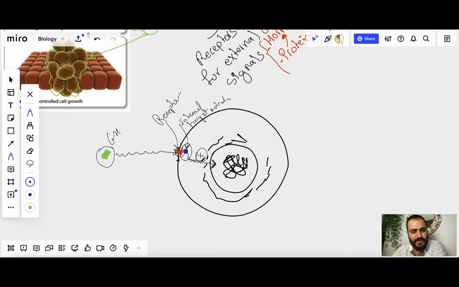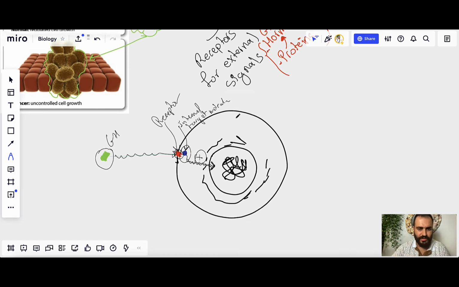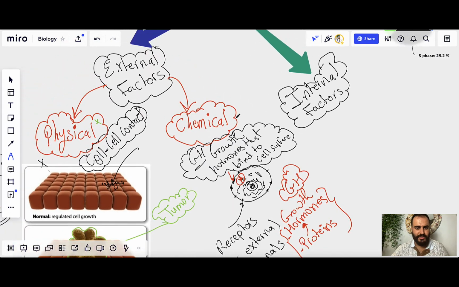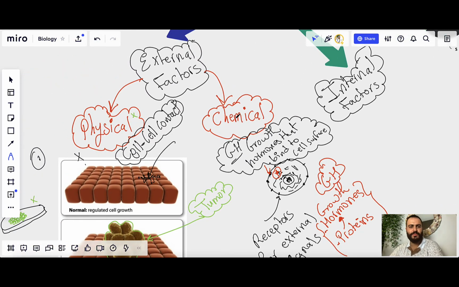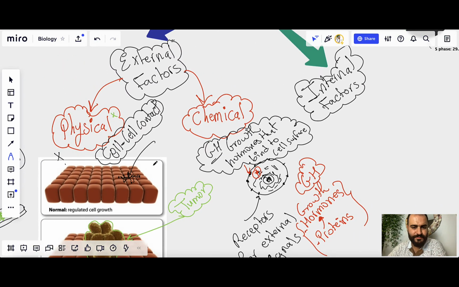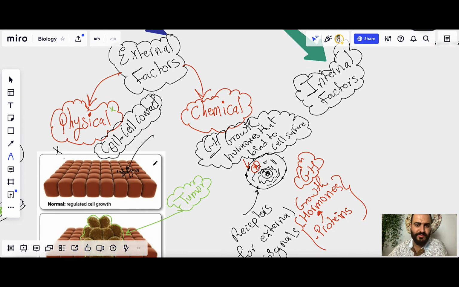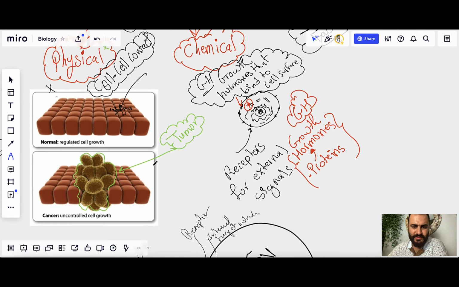This will move inside after it is activated, and it's going to activate cell division. So in brief, the external control of cell cycle, either physical or chemical, can either activate or inactivate the cell cycle.